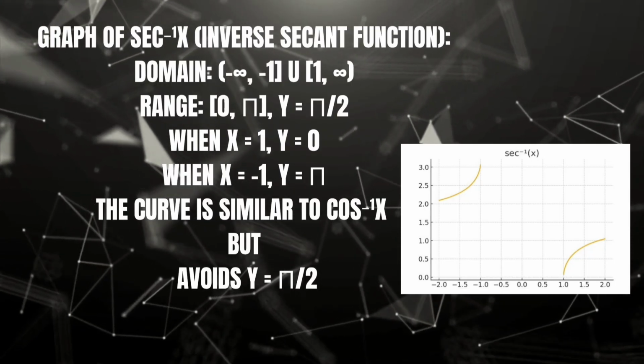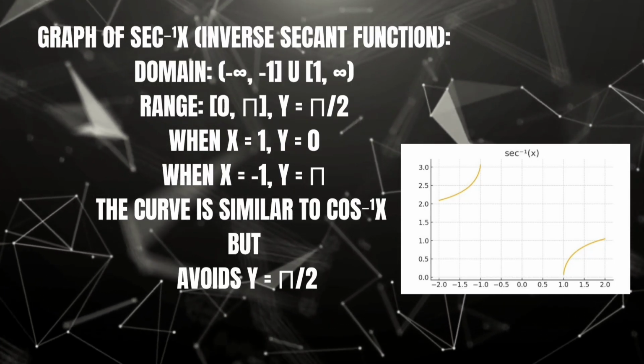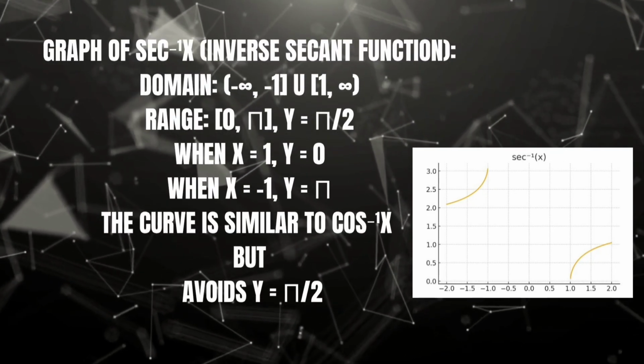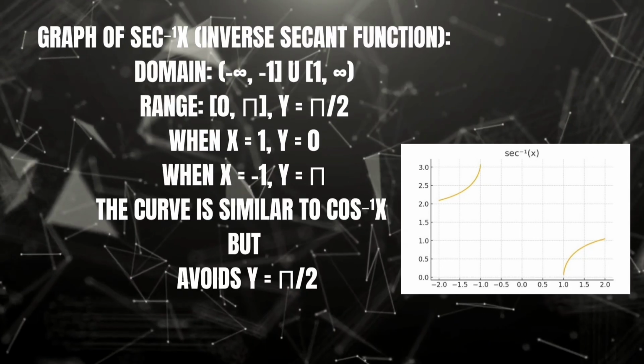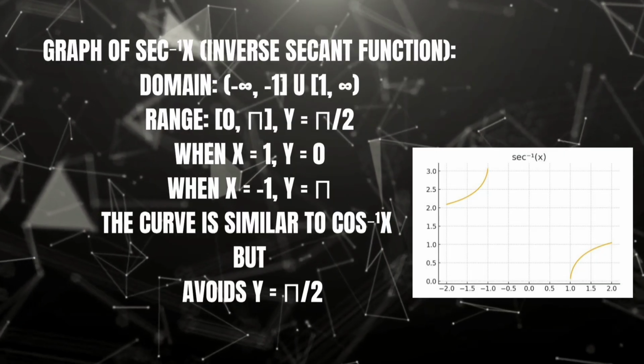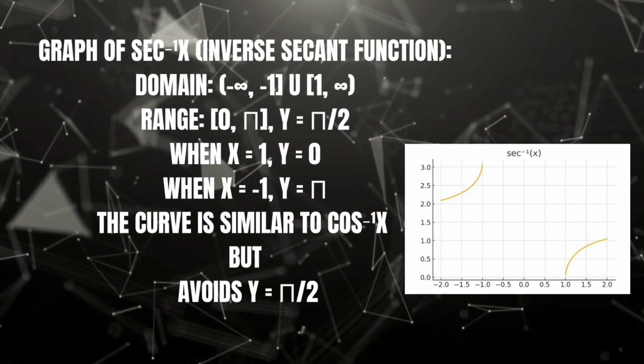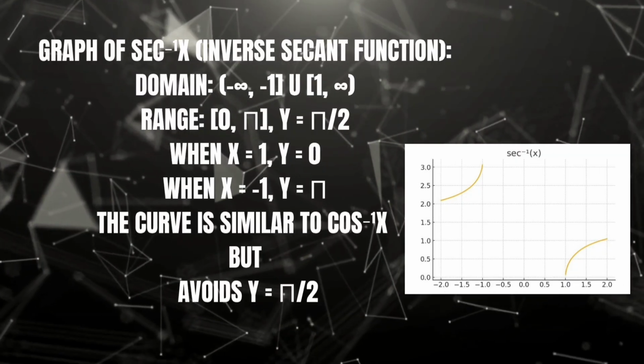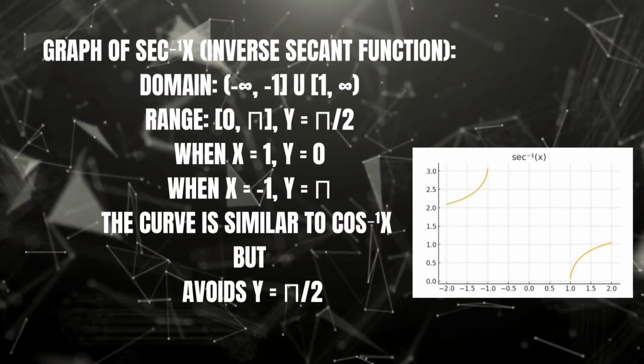Again the curve is similar to cos inverse of x but avoids y equal to pi/2. So see the graph, it has two separate branches, one is in the first quadrant and another is in the second quadrant. So this is the graph of secant inverse of x.